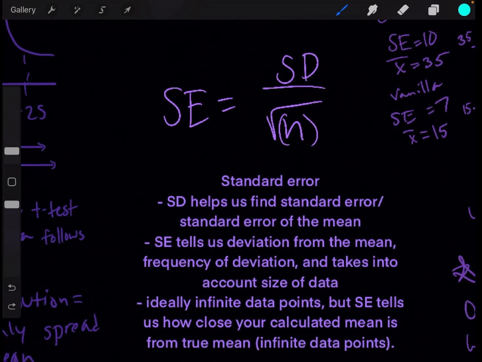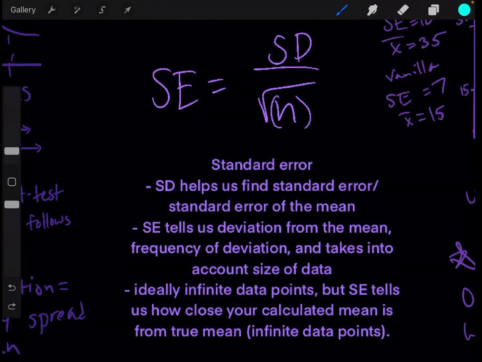Ideally, in any experiment or lab, you want an infinite amount of data points, because if you only have like 5 data points, how do you know if those data points are skewed or biased? But if you have infinite data points, you have the perfect sample size. Everything comes under that sample. It's unbiased. It's the perfect, unrealistic experiment sample size.